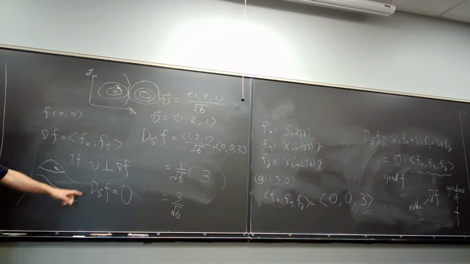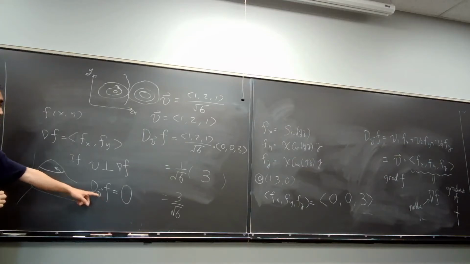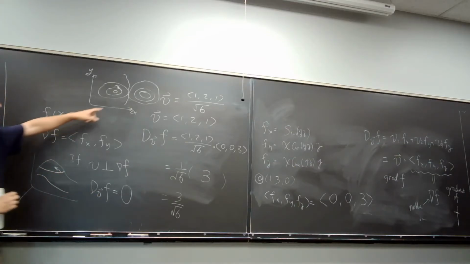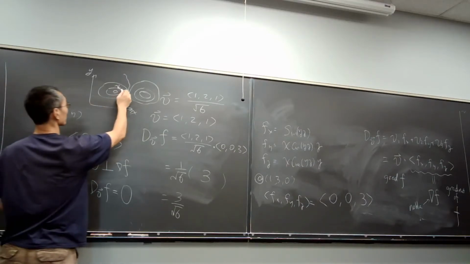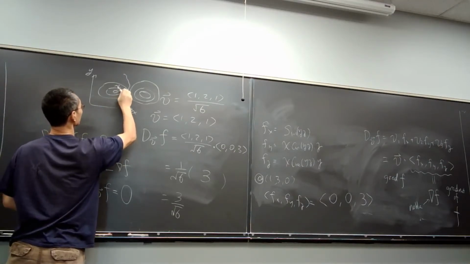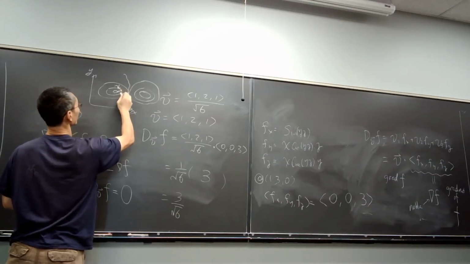Right? Because along this v direction, f is not changing. So this curve corresponds to that curve. So what is the gradient of f in this picture? It must be perpendicular to that. You can draw it very well, like that, right?